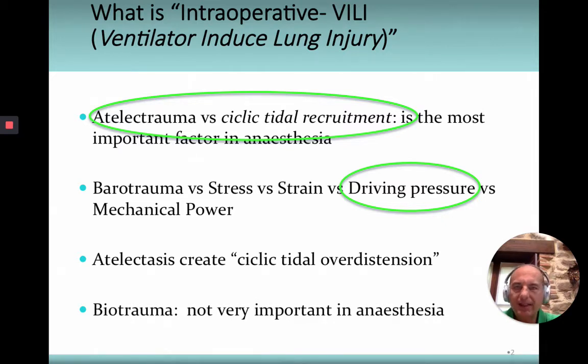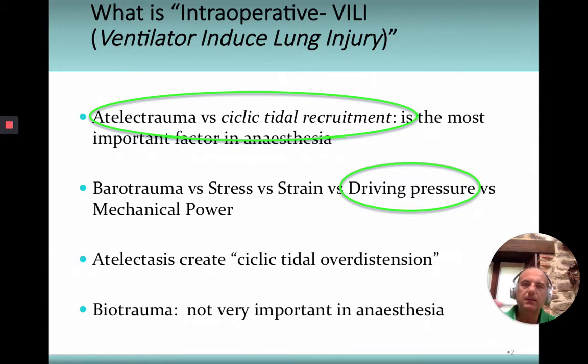You can get driving pressure all around the world in any kind of ventilator. You don't need any specific tool for that, and it can be measured from China to the States and from South Africa to Spain, and everybody can control that. Not like what was happening with mechanical power.